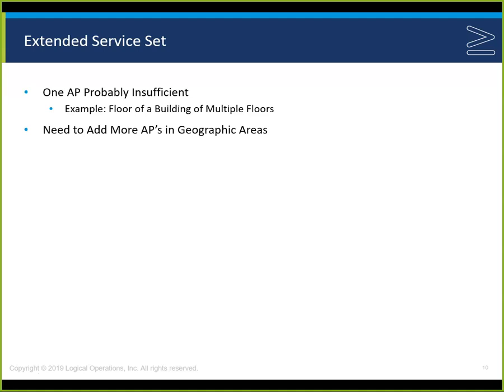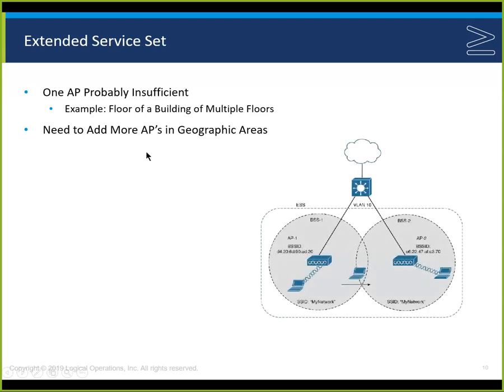So one access point may be inadequate because these places are really big and they've got impediments in the way that are going to prevent the signals from going around. So more than one access point.